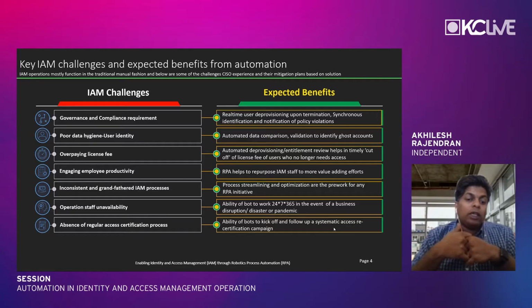So that's where automated deprovisioning and entitlement review is very key. If you timely automate those processes, this cost can be taken out.